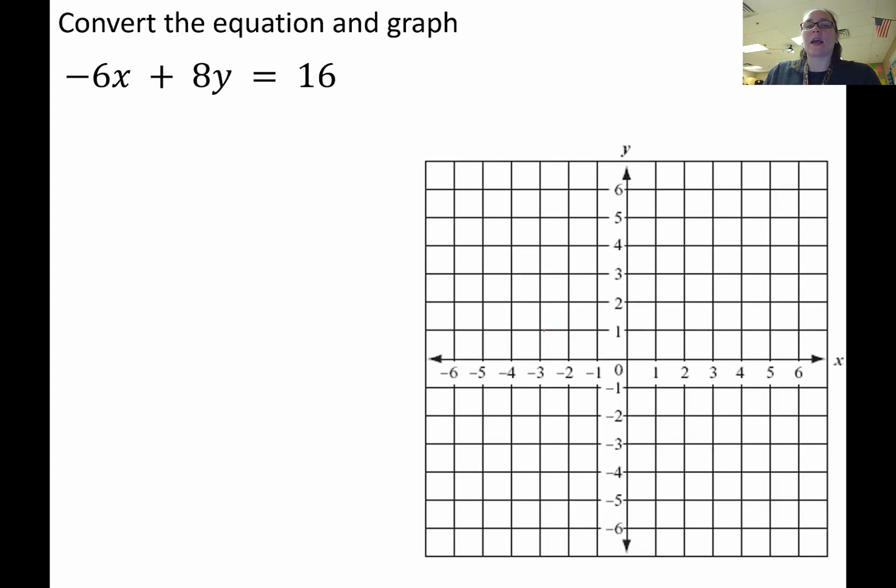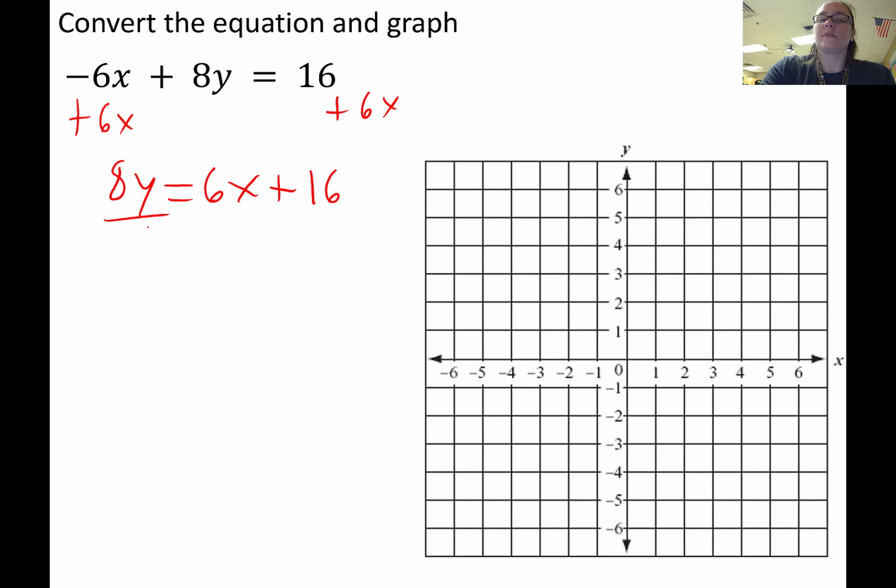All right, so now let's look at using this to graph. So we're going to convert the equation and then graph it. First thing we do is we move the x, so add 6x to both sides. I get 8y equals 6x plus 16.